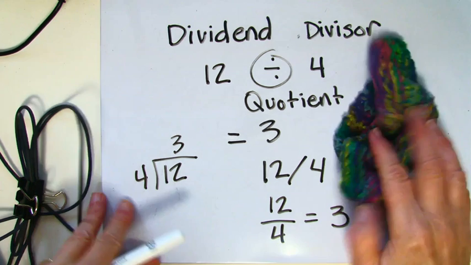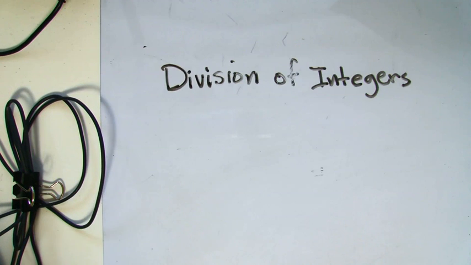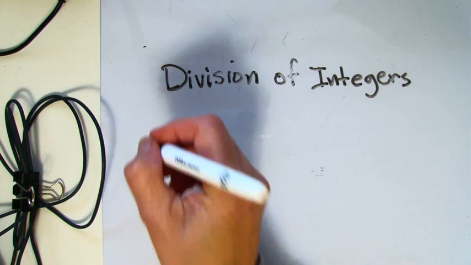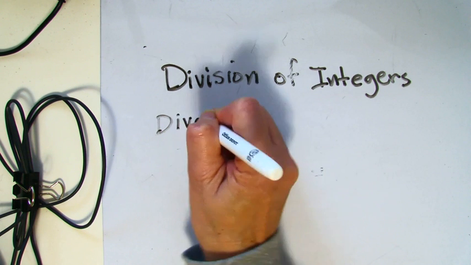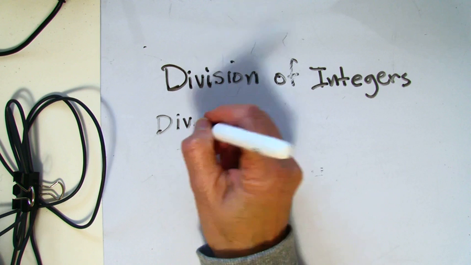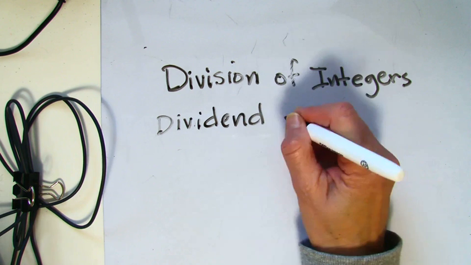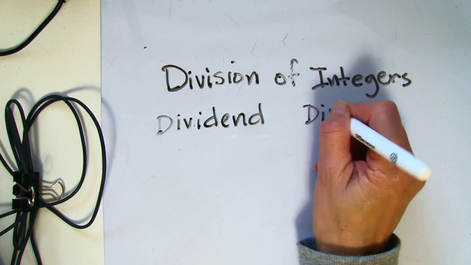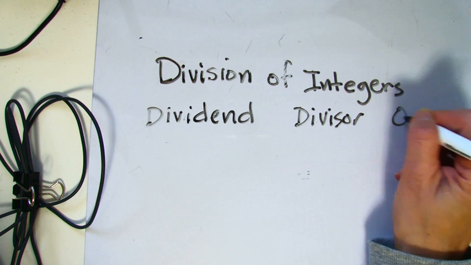Now let's get into some problems. So we're going to have our dividend, our divisor, and our quotient.